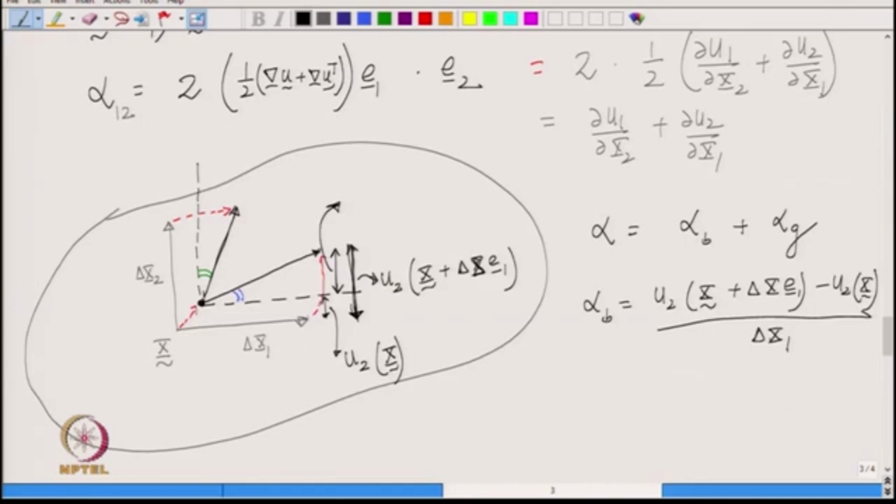And you see what this is: that is the derivative del u2 by del x1. So, alpha blue is basically del u2 by del x1.